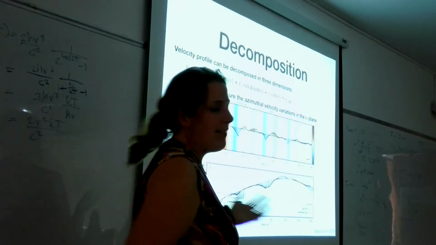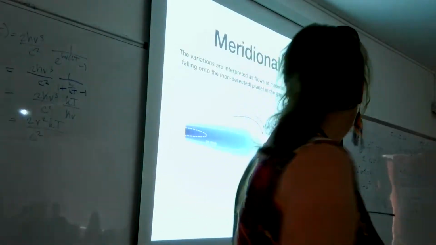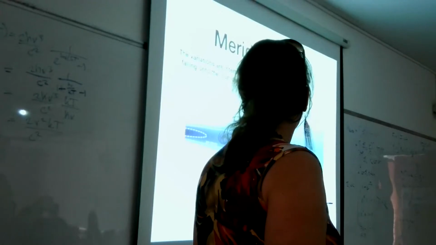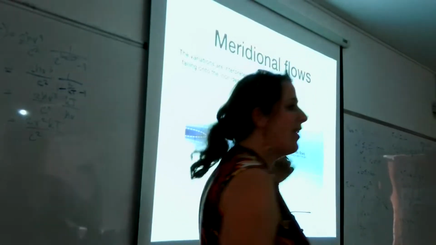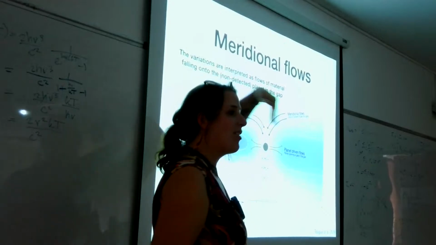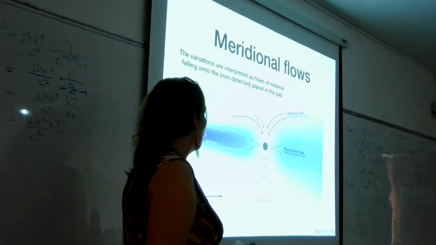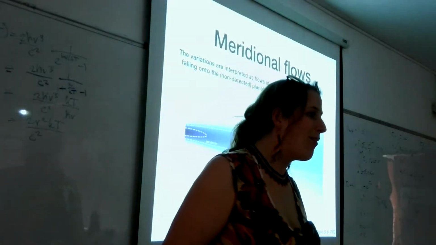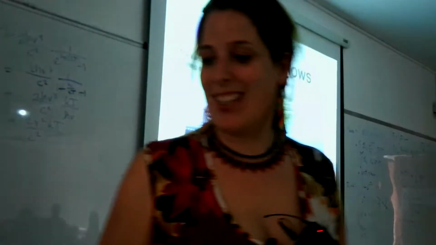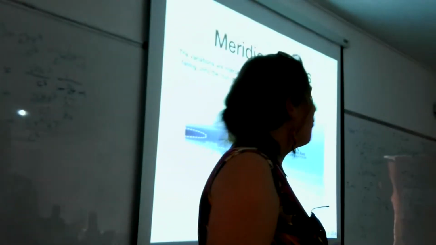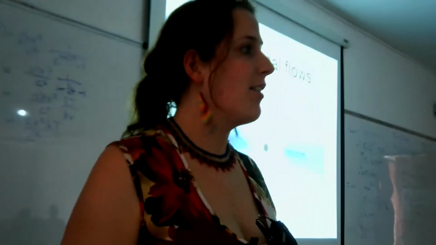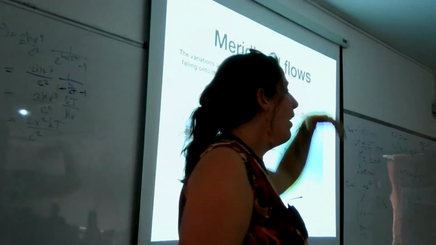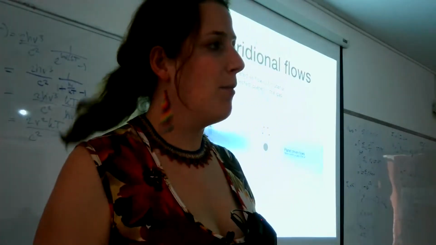Based on that, he concluded that there must be meridional flows. So what I mentioned in the beginning: material that is still accreting onto the planet from the surface of the disk. Unfortunately, this has only been measured for one disk, HD 163296, the one that we've seen many times already, but hopefully they will find this phenomenon for other systems as well. It's again strong evidence that planets have opened the gap and that they're still actively accreting material.